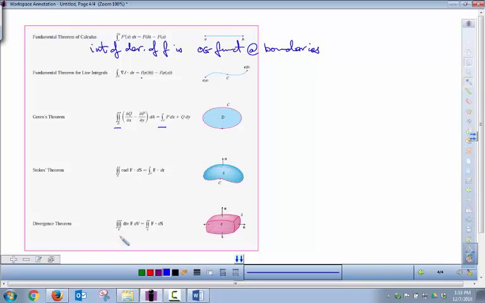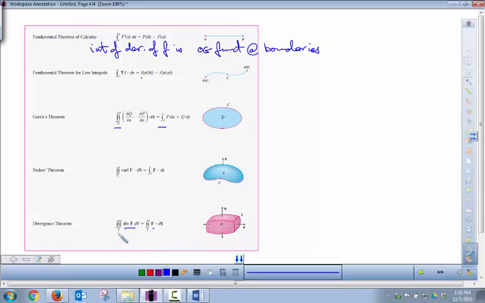And then finally, the triple integral of a derivative, that's a divergence of a vector field, is equal to one less integral, a surface integral, actually a flux integral, of the original vector field. So this is a derivative of f, this is f by itself, and it's one less integral evaluated at the boundary.